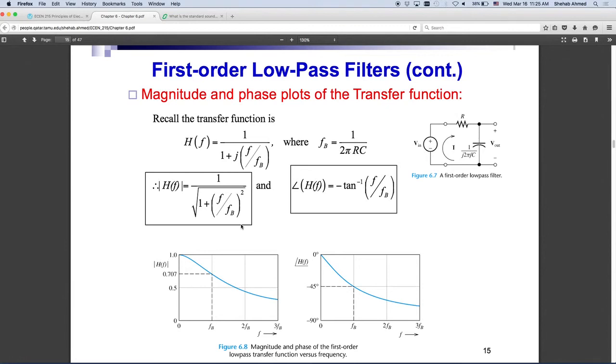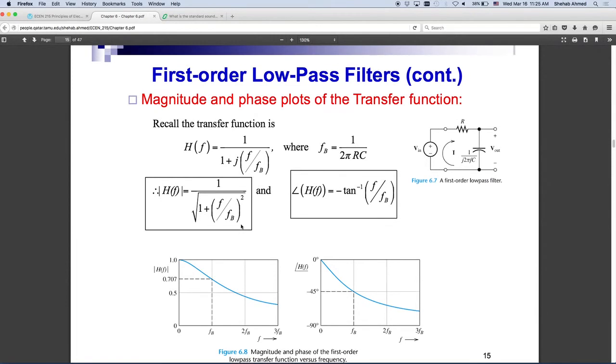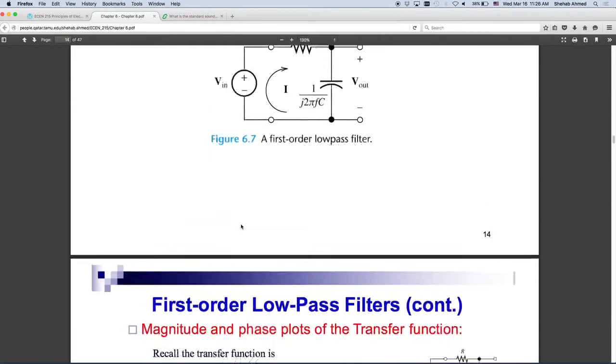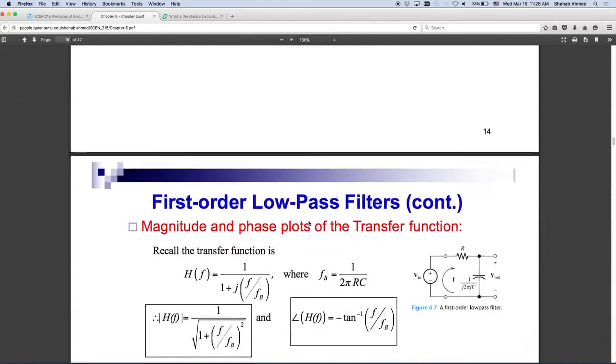They just called it that. You can keep it. It just simplifies because it has some significance in the Bode plot. So that's why they call it FB. Right? So everybody's okay with how we transition from here to here?